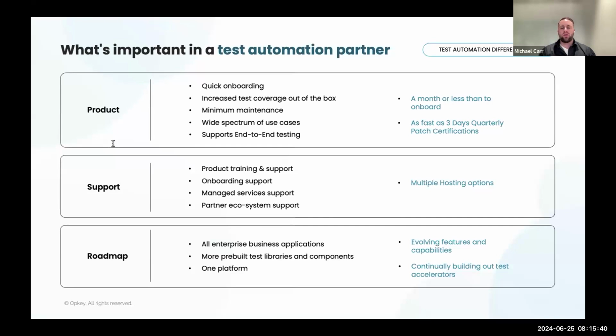And then again, just to cap things off from a product perspective, it's not limited to just your Oracle only test scripts. The ability to provide a full end-to-end testing program for your folks, whether it's all the applications that are talking to your Oracle or even just other applications beyond Oracle.